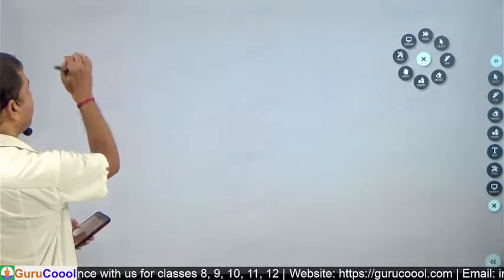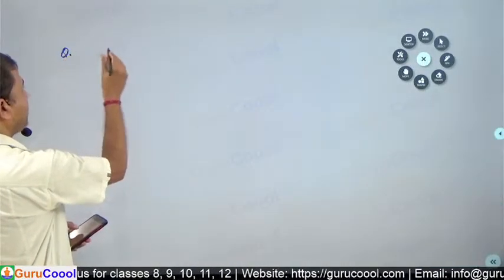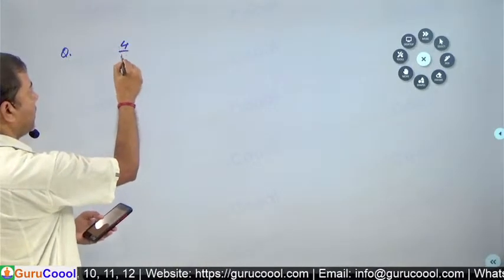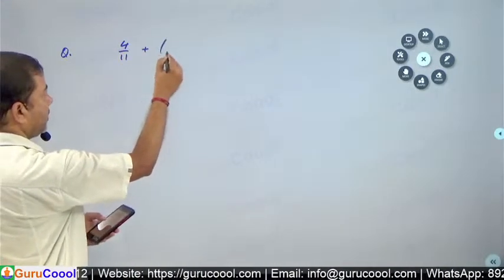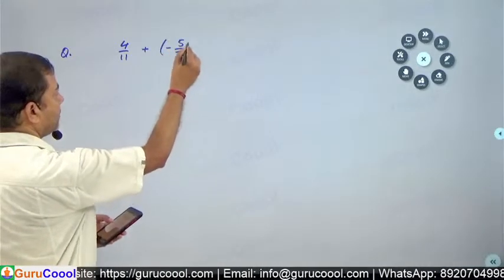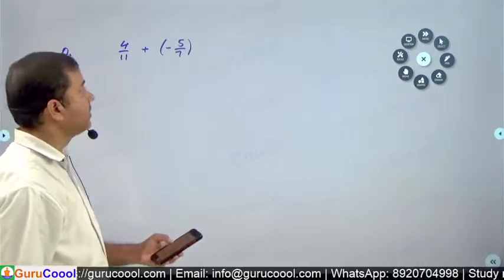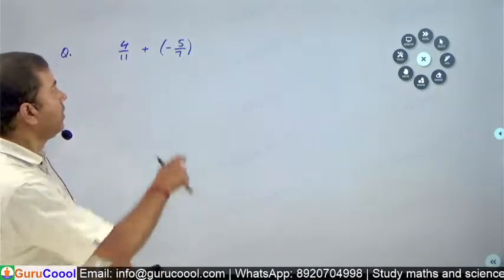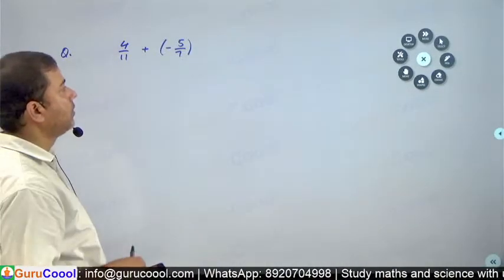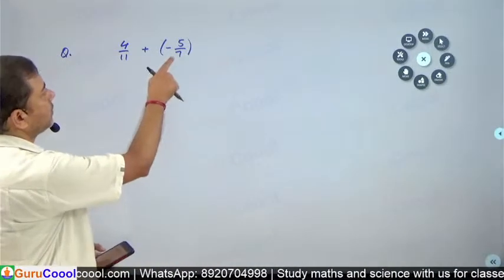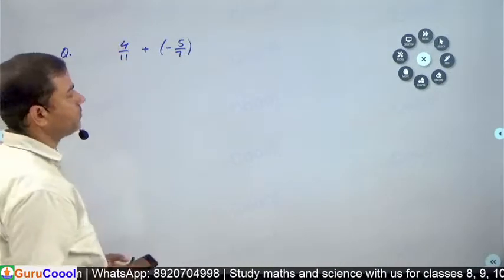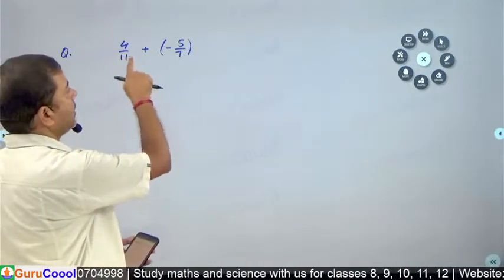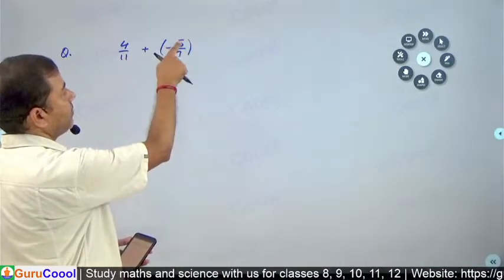Okay, see here. We have to find the value of 4 by 11 plus minus 5 by 7. So first we cross multiply. 7 times 4 is 28. And then 11 times 5 is 55, with the minus.